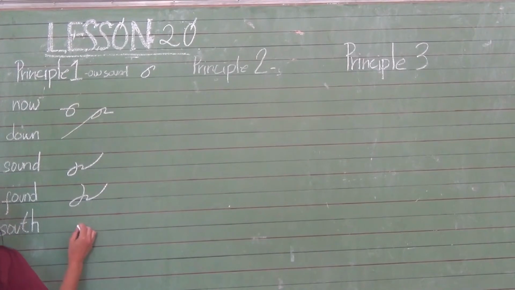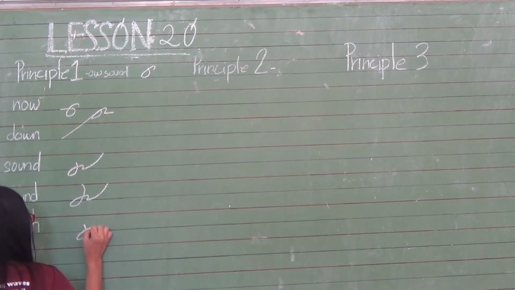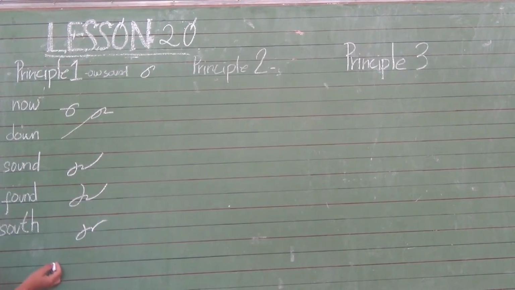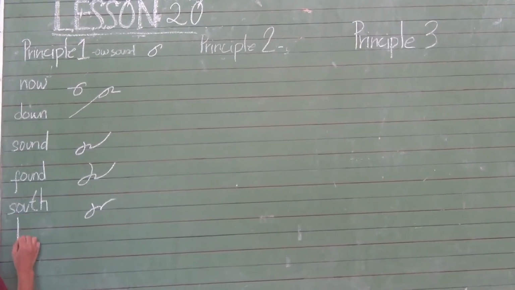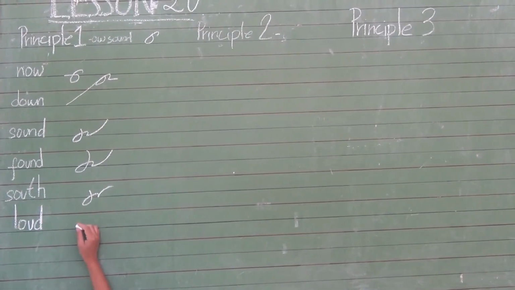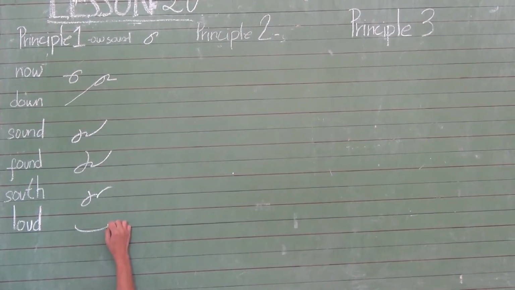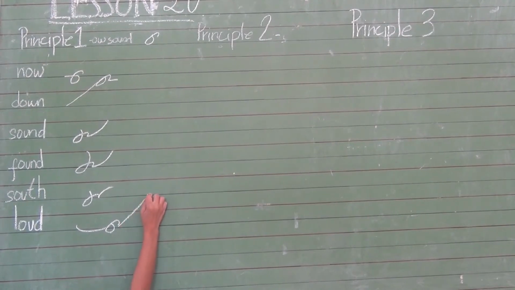It is represented by comma S, A, OO hook, and over ITH. Next, loud. It is represented by L, A stroke, OO hook, and D sound.